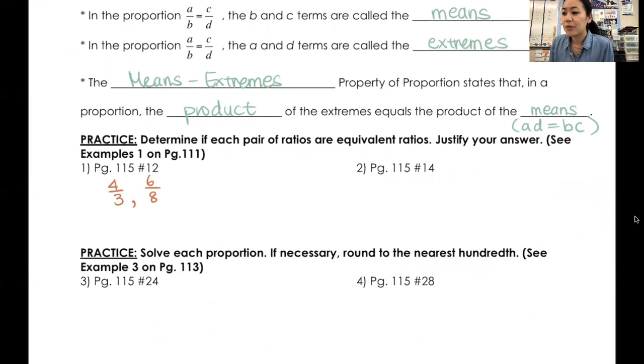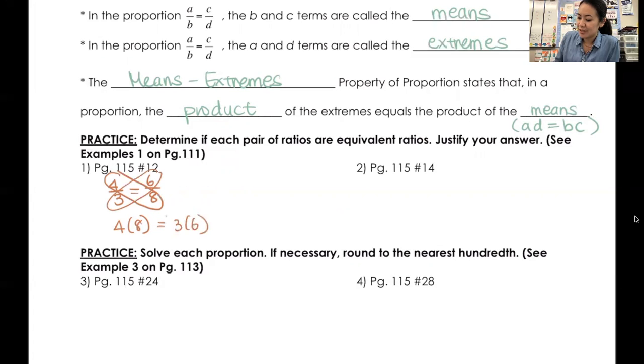Well, let's use the means extremes property. If these were equal, hypothetically, the extremes, 4 times 8, would be equal to 6 times 3.